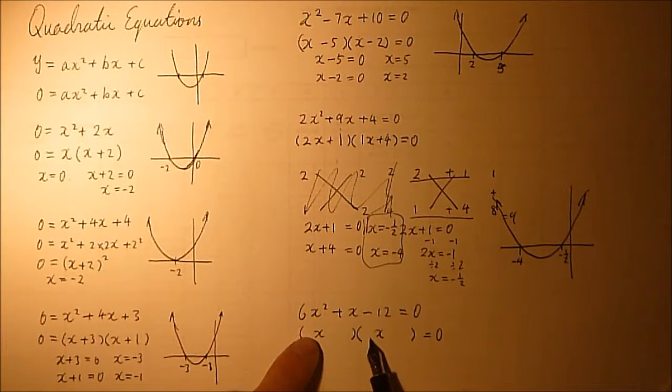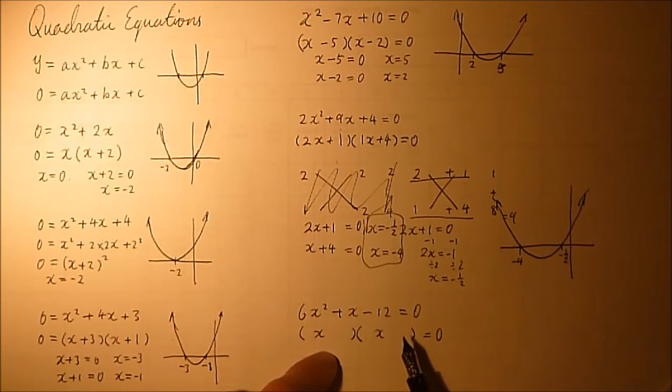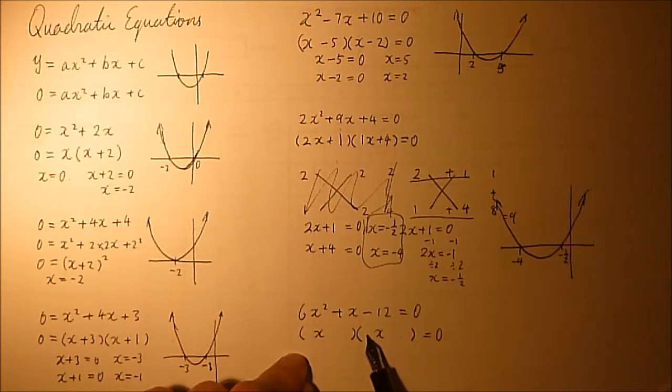These two terms multiplied have to give you 6. And this term and this term multiplied have to give you negative 12. And when this term multiplied by this term and this term multiplied by this term are added together, they should give you positive 1. Okay, so we'll break the thing down.